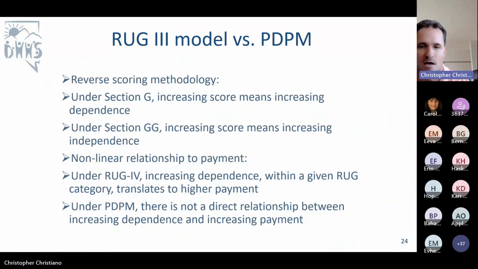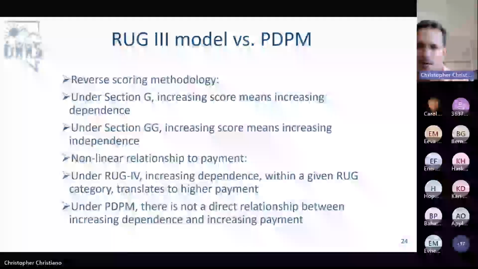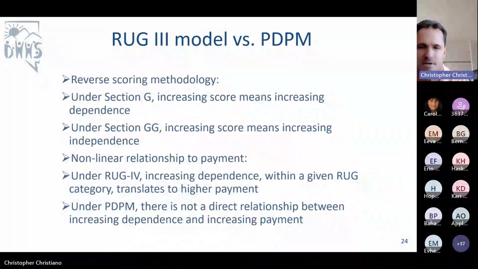So there's a non-linear relationship to payment. And the thing about our system is we were quite antiquated in Nevada using RUG-3 when most other states had already transitioned to RUG-4 long ago. So we are trying to stay up with the times and going over to PDPM now.